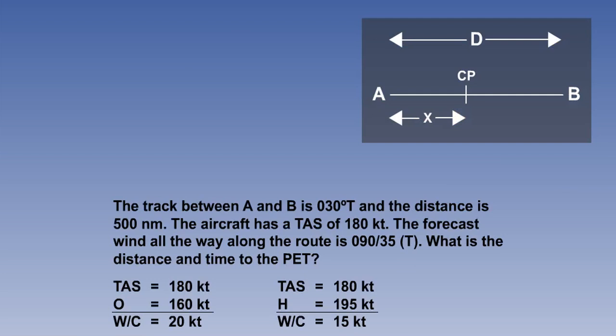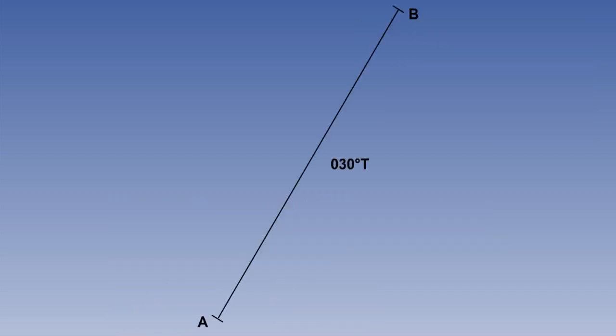The TAS was 180 knots. Notice that O was 160, giving a 20 knots headwind component. H is 195, giving you a 15-knot tailwind. This becomes obvious when we look at the triangle of velocities. The outbound track is 030.